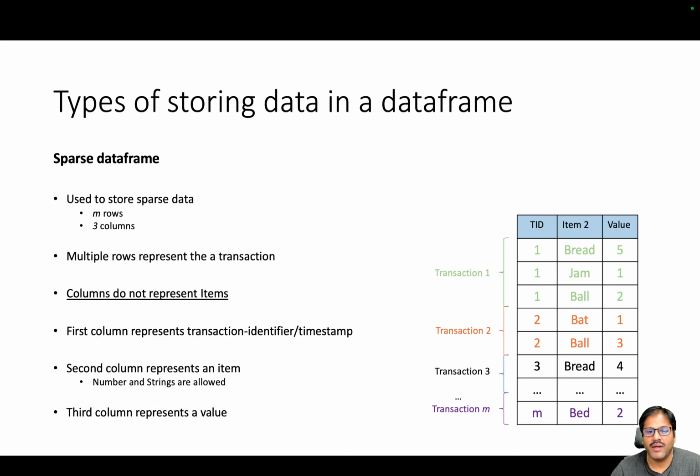The first column in the sparse data frame represents the transaction identifier. The second column represents an item. The third column represents a value. So this is how we can store real world data, especially sparse data, in a sparse formatted data frame.